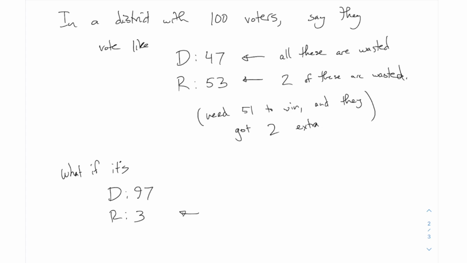So these 3 are wasted. All 3 are wasted. That's because the Democrats won, right? And of the 97, how many of those are wasted? Well, you need 51 to win. So I guess 46 would be wasted, right? That's 46 extra votes here.